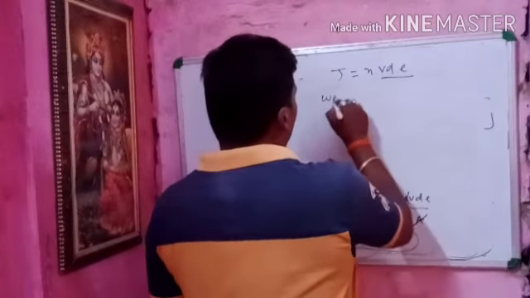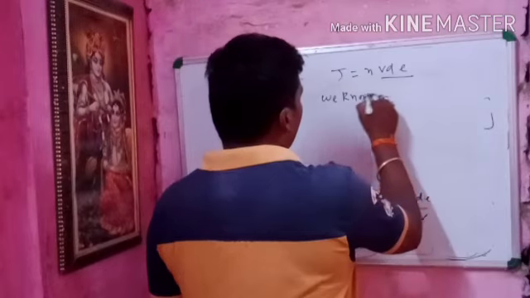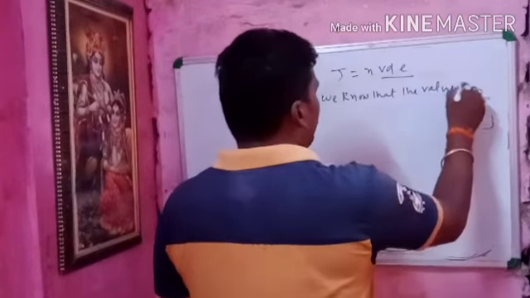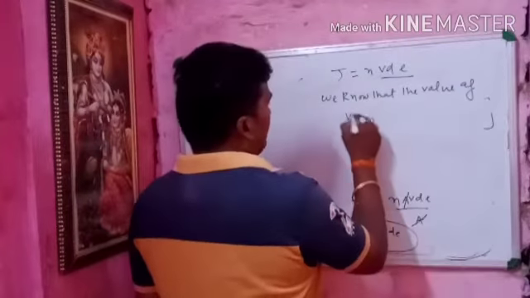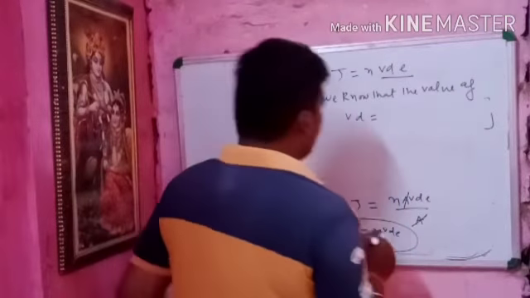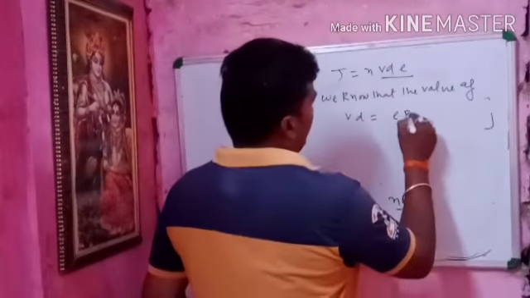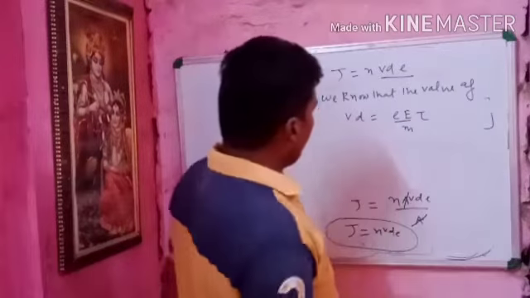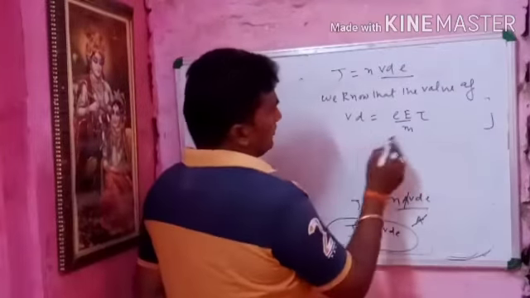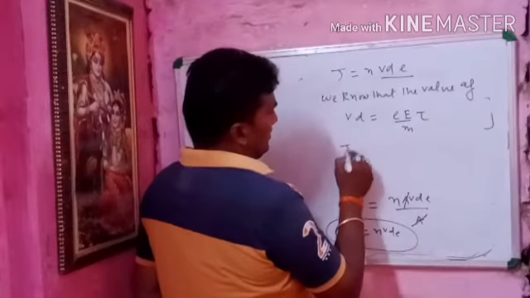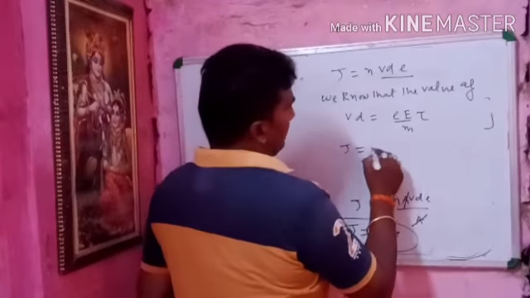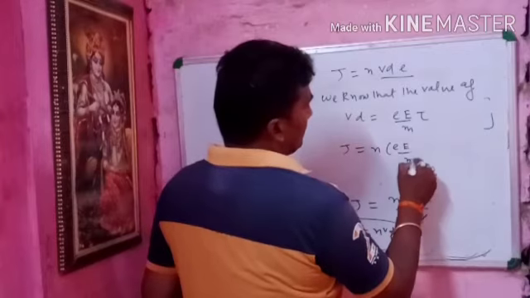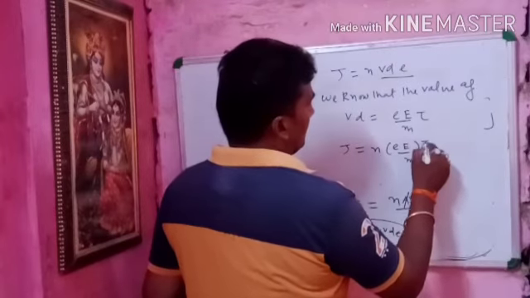We know that the value of drift velocity Vd is equal to E by m into tau, and we put the value of Vd in the given equation. J is equal to N e into E by m into tau into E.